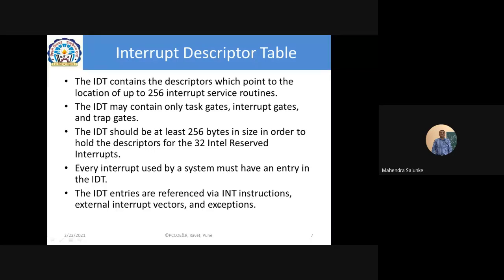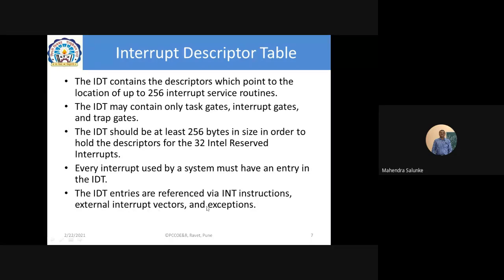In addition to this software interrupt, we have external interrupt vectors. External interrupts means the hardware interrupts. Whenever we talk about the pin functions, we know that we have two pins, INTR and NMI, and on these two pins we receive these external interrupts.